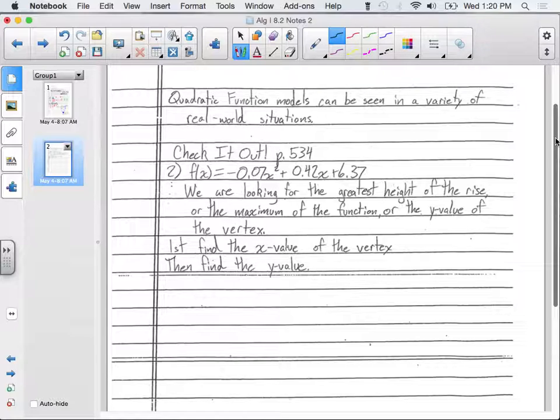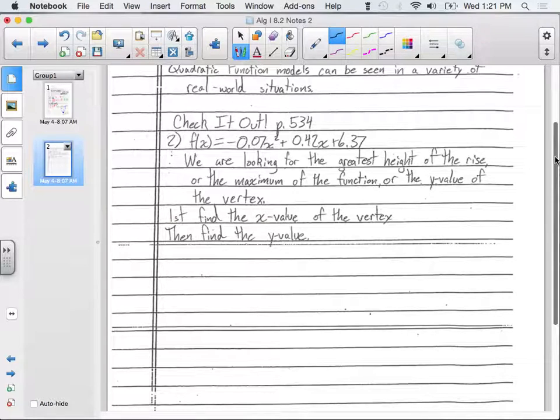So, quadratic functions, or models for them, are actually more common in your everyday life than you think. Like in basketball, like that first problem we did in the day problems, when you shoot a basket, it has an arc on it. In football, same thing, when they throw the ball like a Hail Mary. So those are all representing quadratic functions. Same with bridges and roller coasters, all kinds of things.